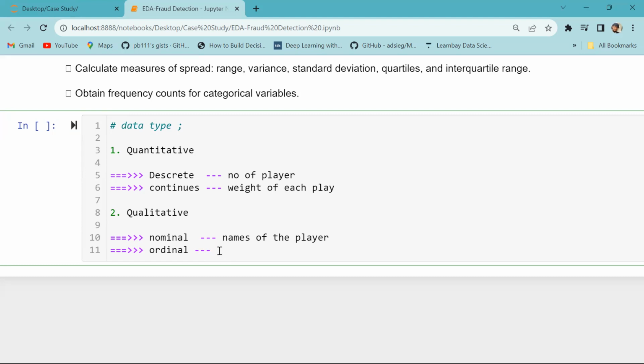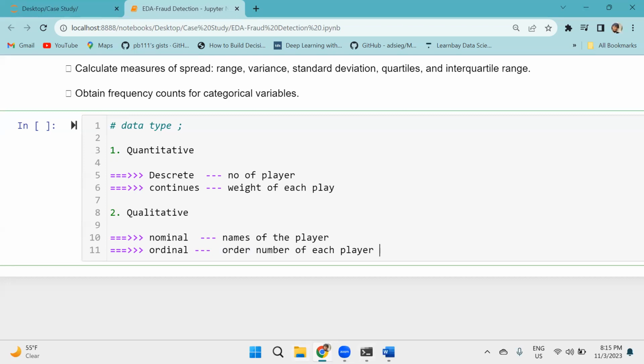This person goes first, this person goes second, this person goes third. The order of play, the order number of each player.